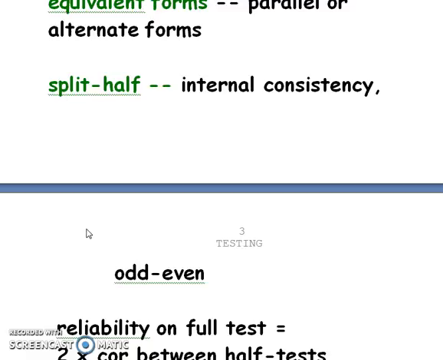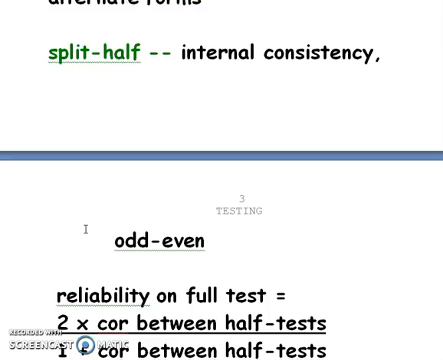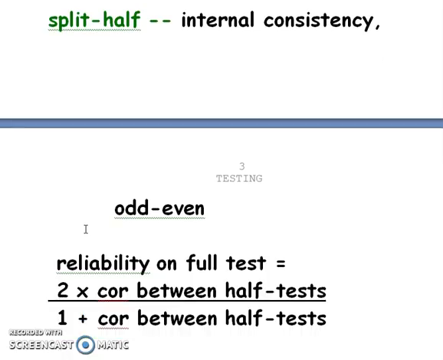In both cases, we're looking at one exam, which is a very long exam, as if both halves were two different tests, and checking the reliability should be very high. Otherwise, there's something wrong with the test.